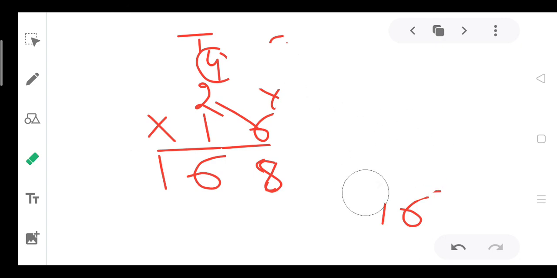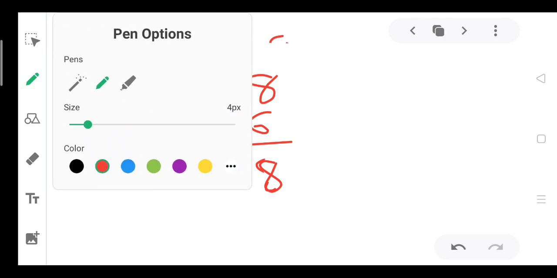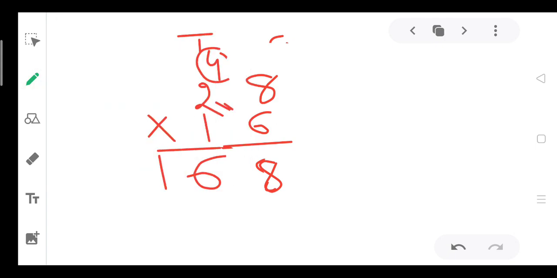Our multiplication is not over. It is still left. Now what do we have to do? Multiplication by 6 is over. First of all, you can think that 16 is made up of 10 plus 6.